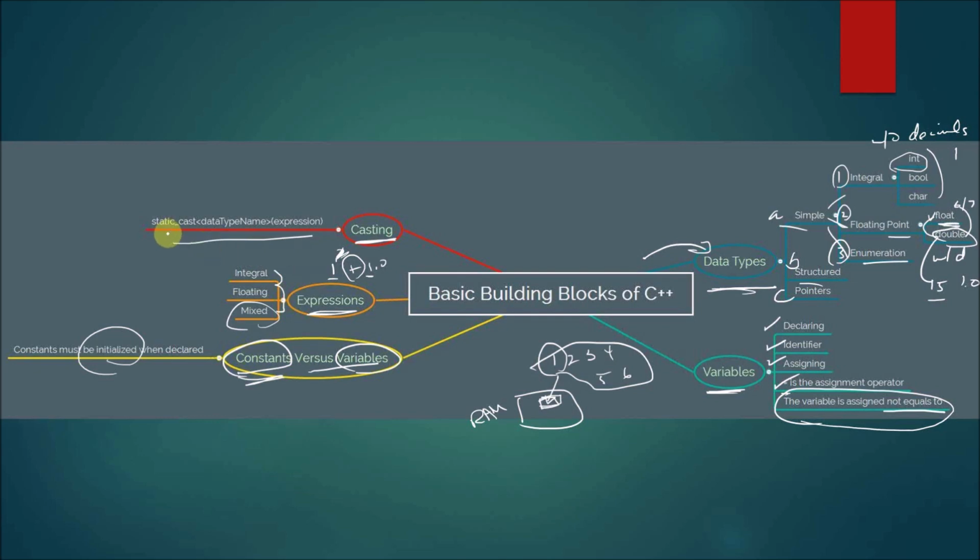We do that with the command static_cast and then the data type that we want on that particular expression. It works from right to left here. So the expression is evaluated first, and then it's cast to the data type that you asked for.